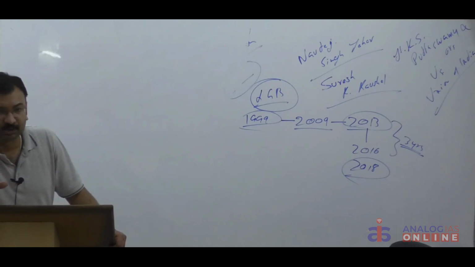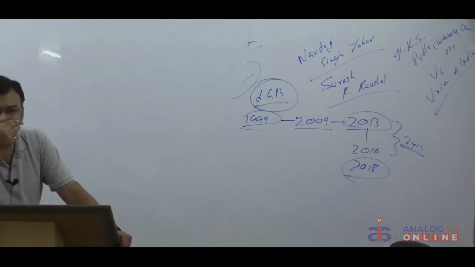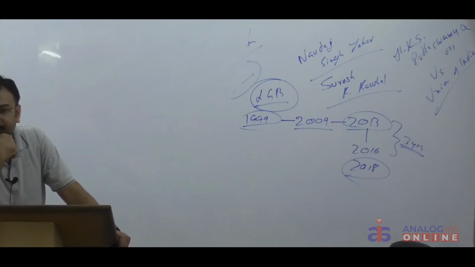14%, that's the proportion of Muslims. Tell me, 14% of 1.35 billion, how much is that? 135 crore, that's what you are now. So 14% of 135 crore, how much is that? Almost 20 crores? 20 crore, is that a small number?